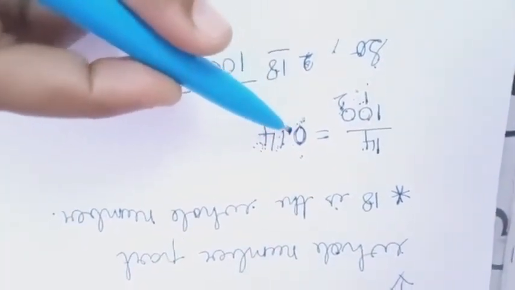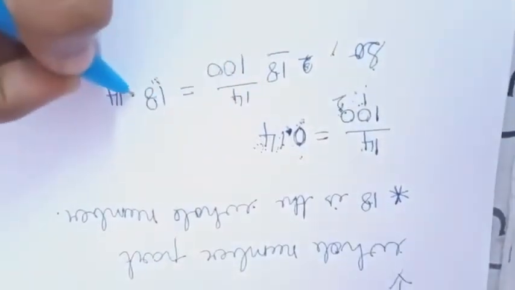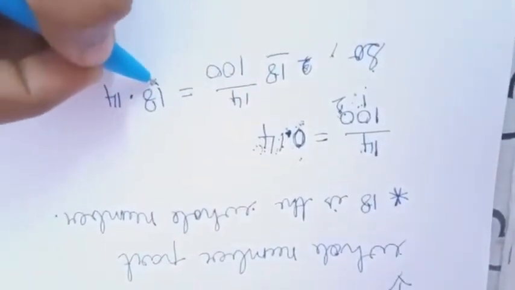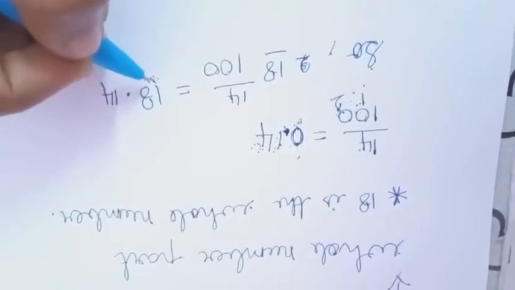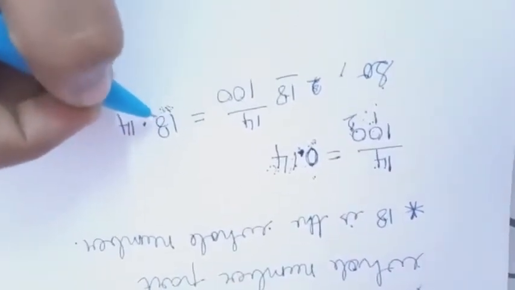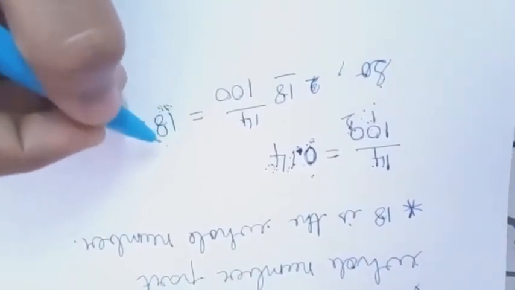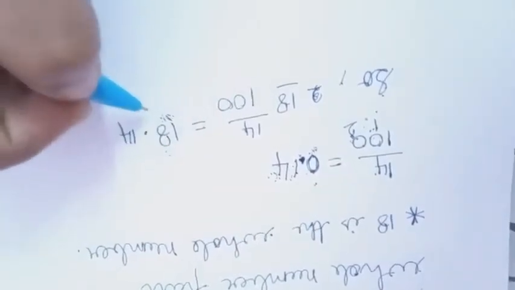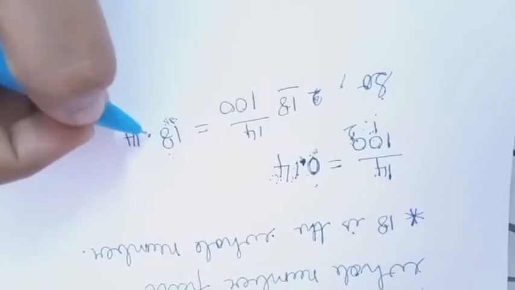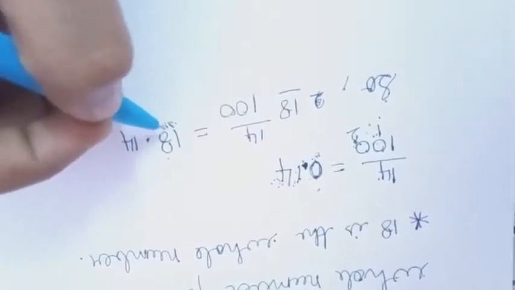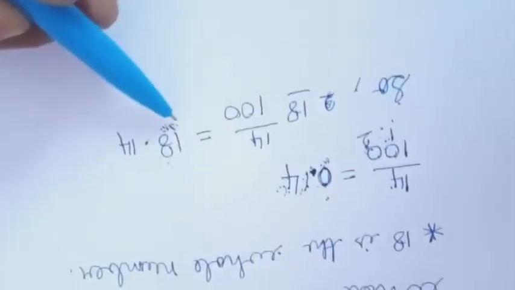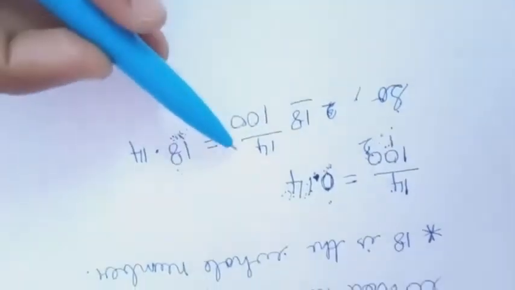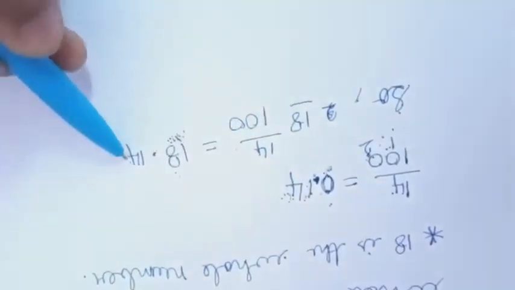Always ones will come before the point. So before the point we are placing the whole number. The whole number is always under the ones place. So the whole number here, 18, I have placed under ones. That's why before the point we have the whole number. Just have the concept. We have to write the numerator as it is.